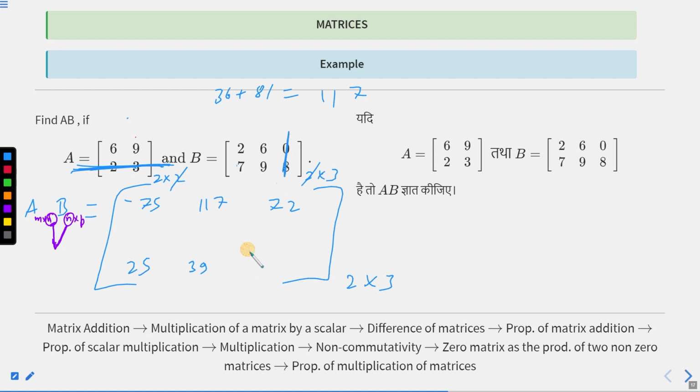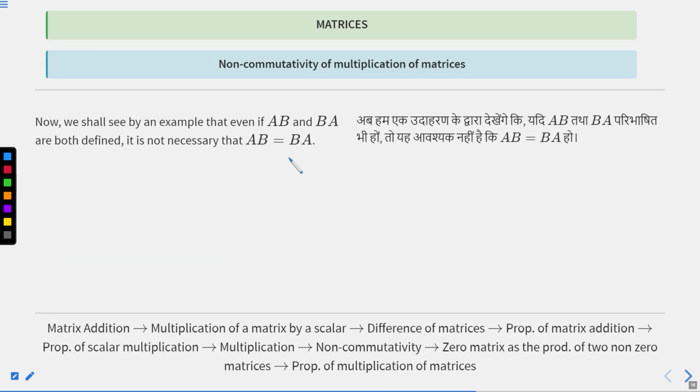So now the final entry will be 2 times 0 means 0, 3 times 8 means 24. So your matrix multiplication for AB will be like this, and the entries will be like this. I hope that now you understood in a different way how you are supposed to do matrix multiplication. I will be giving you more matrix multiplication examples.